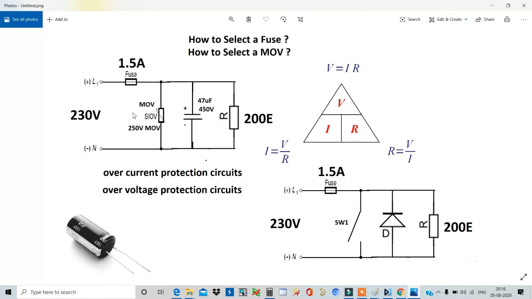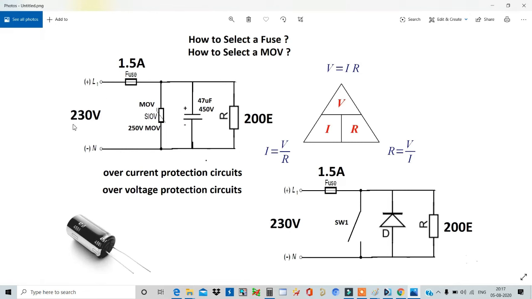The function of the MOV: if more than 250 volts is given, the MOV will automatically get damaged and plus and minus will short. Once shorted, the fuse will get damaged and your circuit will be saved.